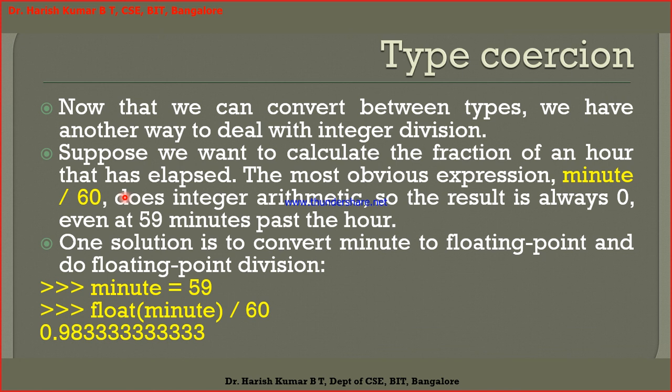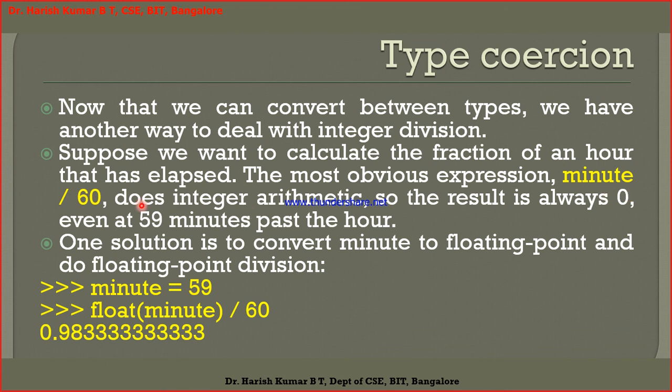So 30 divided by 60, and it tells me 0.5 hours. Now when I'm doing minute divided by 60, it returns integer arithmetic, so it always returns me 0.